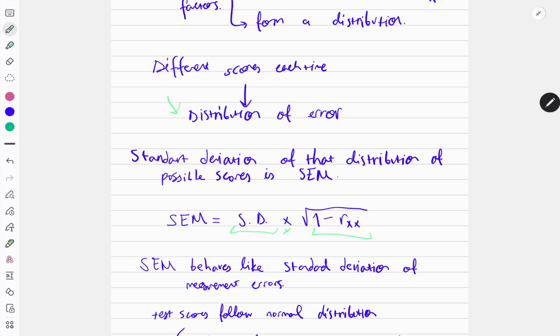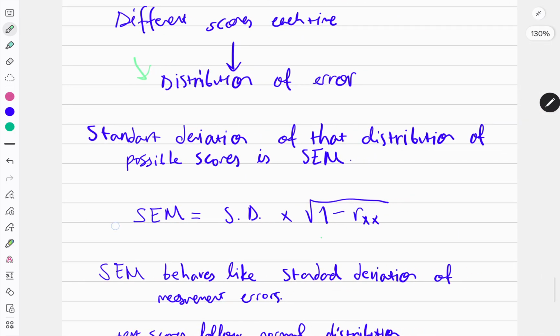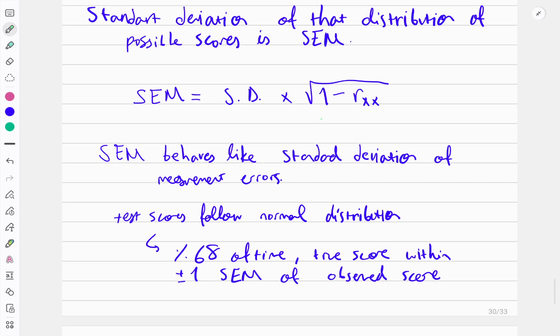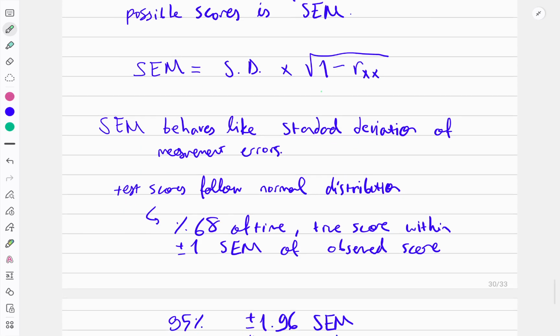This is the amount of error that is going to be in our test, and we multiply it with the standard deviation, and this gives us our SEM. SEM behaves like the standard deviation of measurement errors, and test scores follow a normal distribution, so 68% of the time the true score is within 1 SEM above or below the observed score.